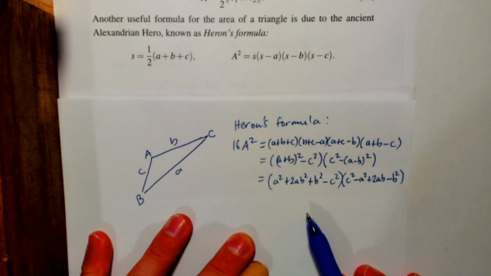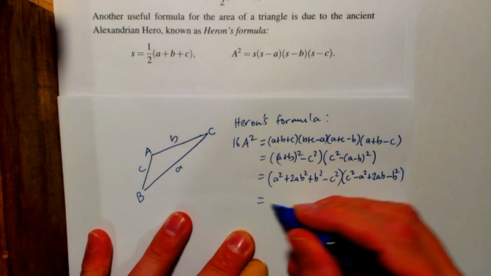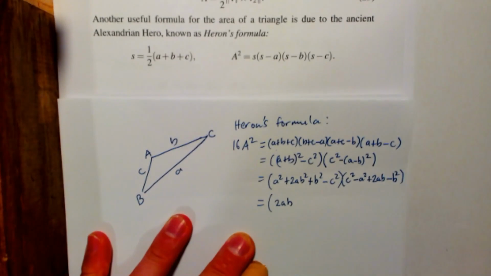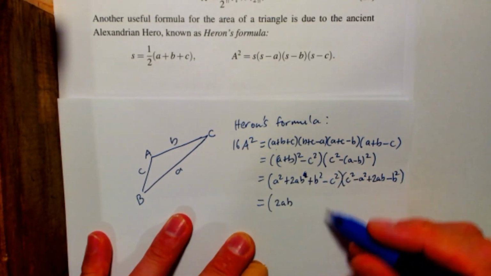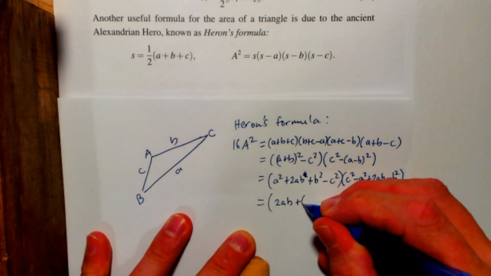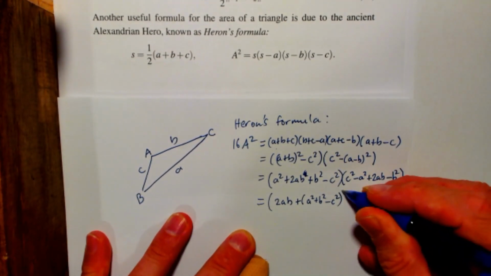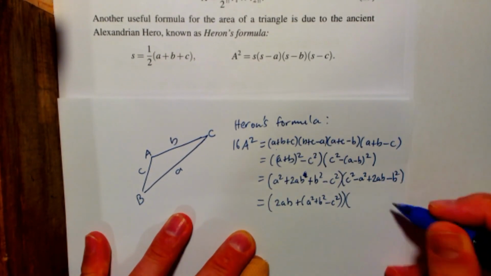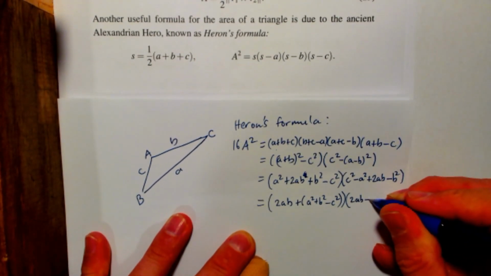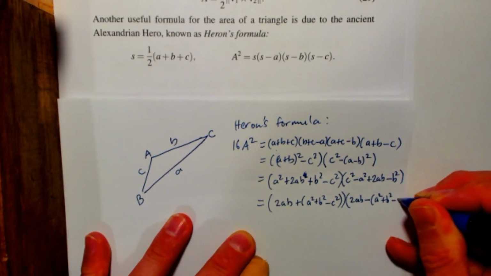Okay, and so this we can represent as, hang on, that shouldn't be squared there, 2ab plus a squared plus b squared minus c squared. And then this one we can write as 2ab minus a squared plus b squared minus c squared.